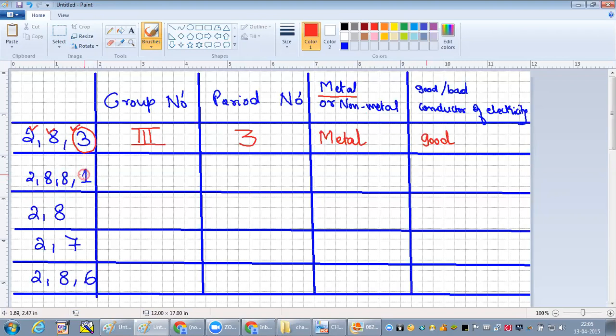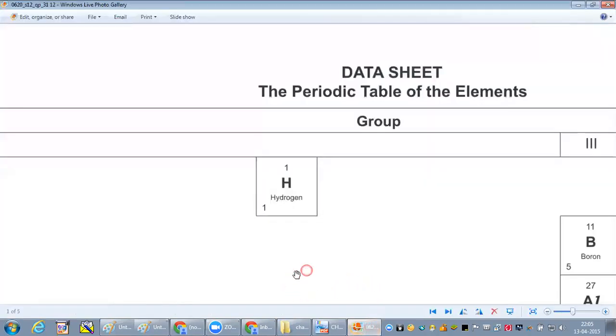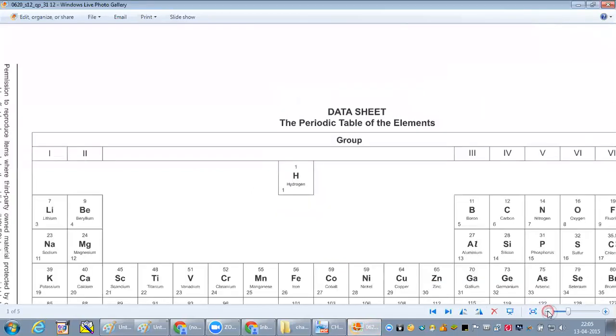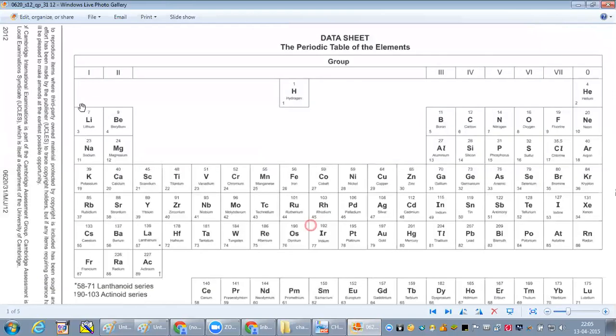Okay, the group number: it is having only 1 electron in its outermost shell. Group number is going to be 1. Also remember that group number 1 is the first group element. Okay, this is your group 1. All of these elements will have only 1 electron in their outermost shell.